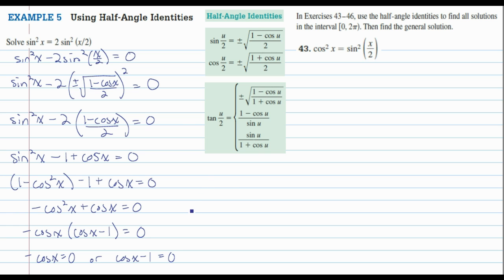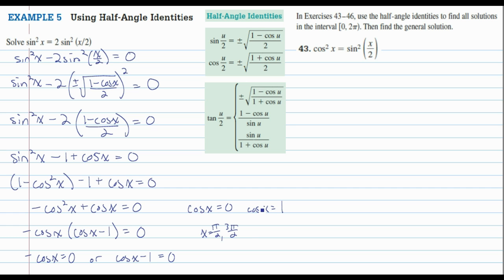Well, let's see. If I divide both sides by negative here, it really just means that cosine of x has to equal 0. Or here, if I take cosine of x and add 1 to both sides, cosine of x equals 1. So the values of x where cosine is 0 are pi over 2 and 3 pi over 2 from the unit circle.